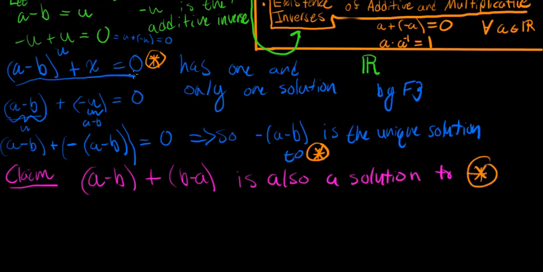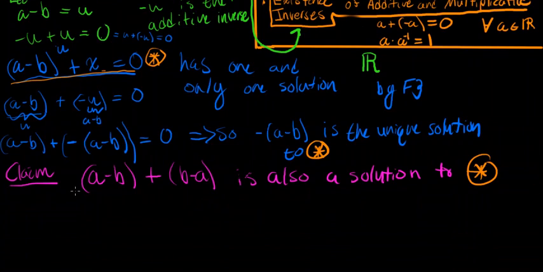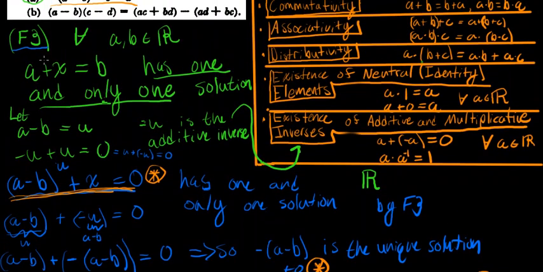And remember, since star, this equation right here, must have a unique solution, it has to have one and only one solution, then if b minus a is also a solution, then that means b minus a must equal negative a minus b. And that means that we would be done. We would have just proved the statement. So let's try to do that. If we can show that b minus a must also be a solution to this equation, and since negative a minus b is the unique solution, then that means that b minus a must equal negative a minus b. If it didn't equal that, then this equation star would have two different solutions contradicting F3.